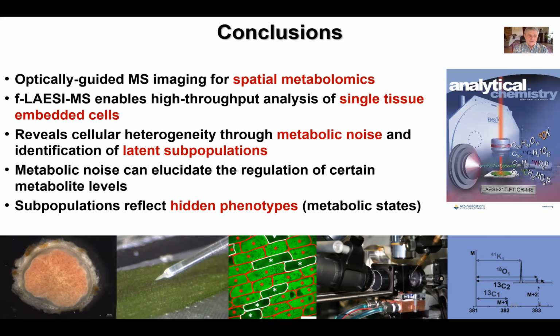We found metabolic noise, which is a metric for cellular heterogeneity, for metabolites with unimodal distributions, whereas for bimodal distributions, we found latent subpopulations, which you can also correlate with hidden phenotypes or metabolic states.